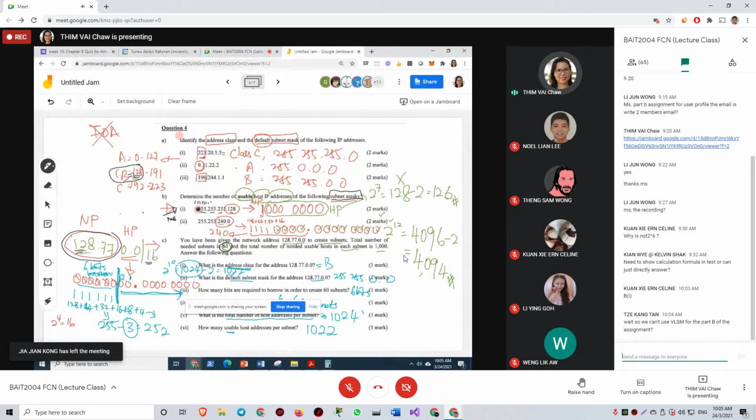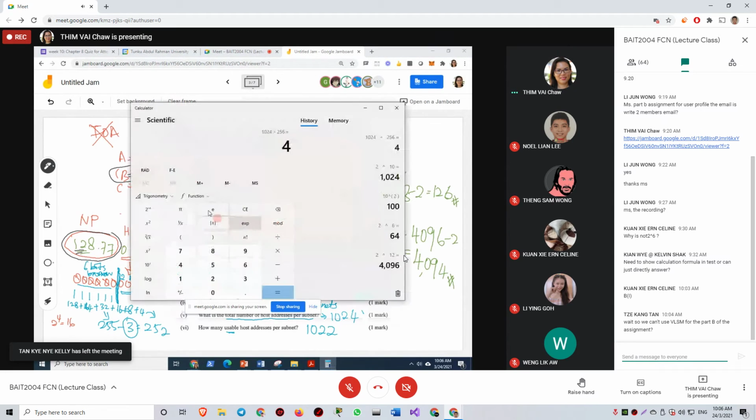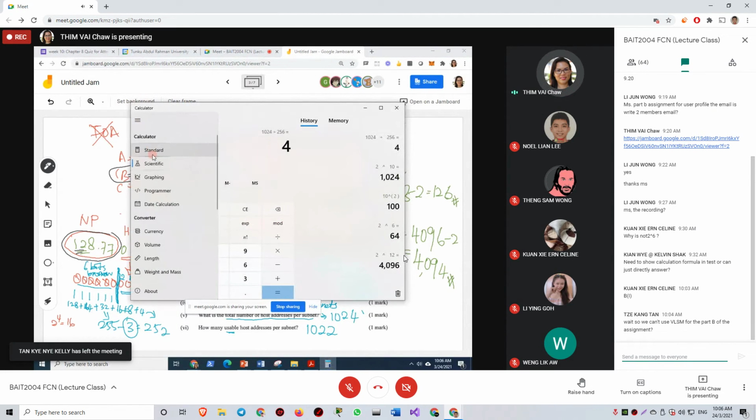Definitely in front there is no host portion bit, but come to this value, 128. This is decimal 128. How can I get 128 in binary pattern? If you use a calculator, I'll make it make sense for you.